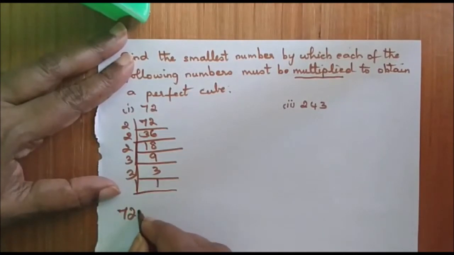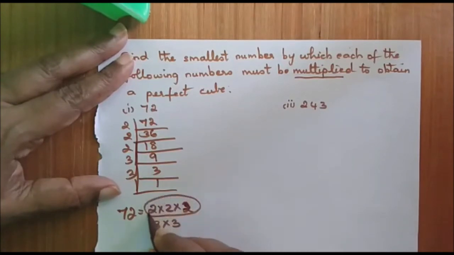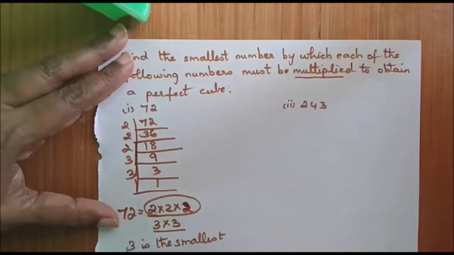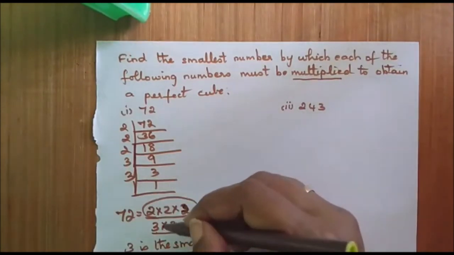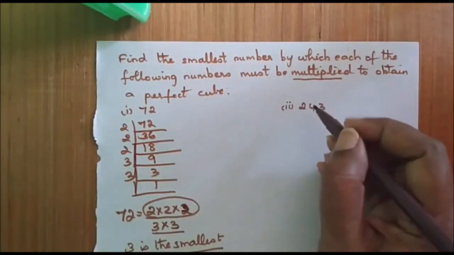Now 72 can be written as 2 into 2 into 2 and 3 into 3. In this case, three 2s are present, but there are only two 3s. So I have one 3 less. So 3 is the smallest number by which we should multiply 72 to obtain a perfect cube.